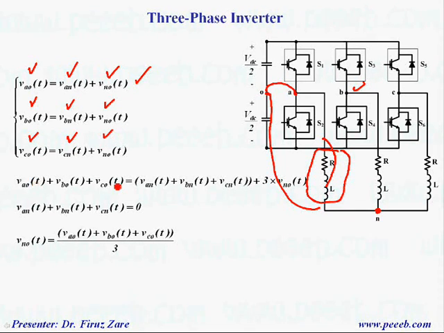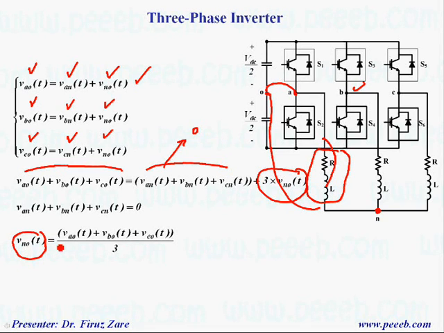When we add them together, on the left hand side we have the sum of leg voltages, and on the right hand side we have the sum of phase voltages plus 3 times the common mode voltage. This term is 0 because the sum of phase voltages is 0, and in this case common mode voltage equals leg A voltage plus leg B voltage plus leg C voltage over 3.